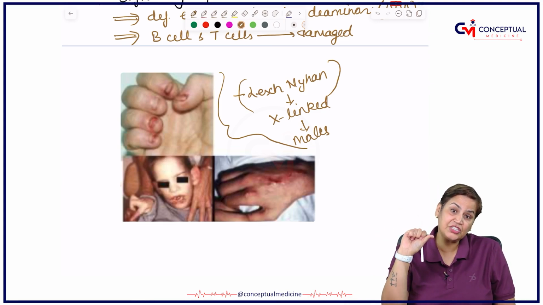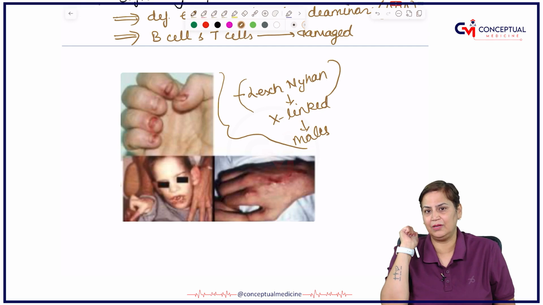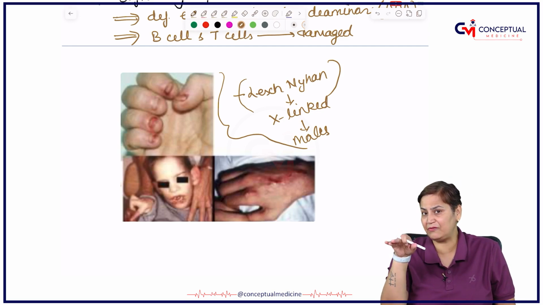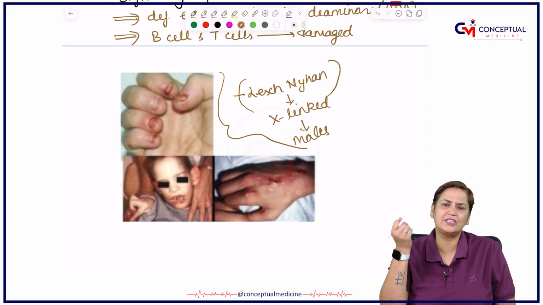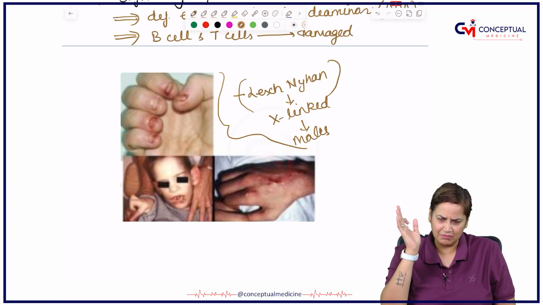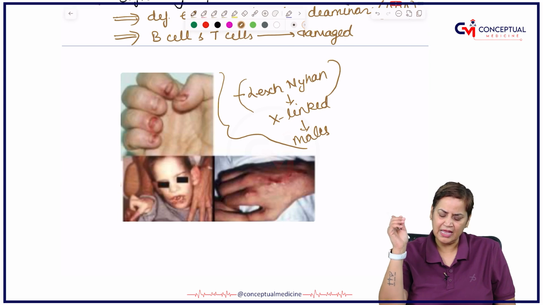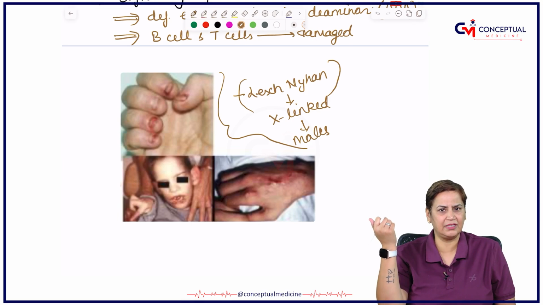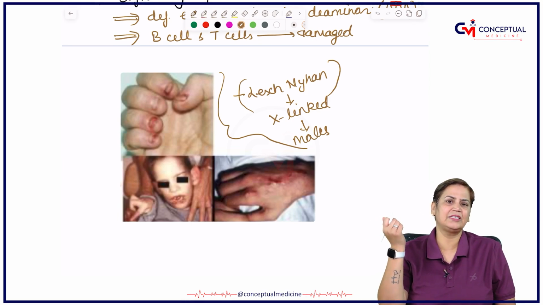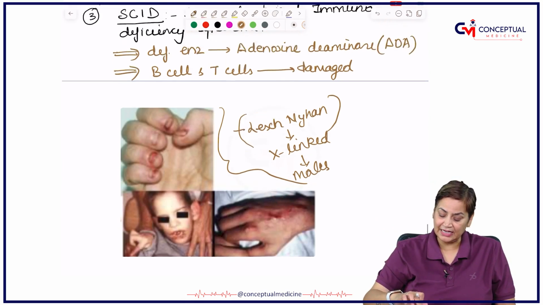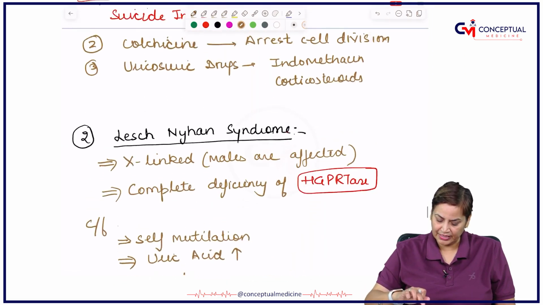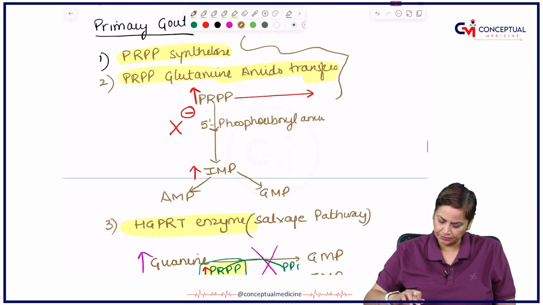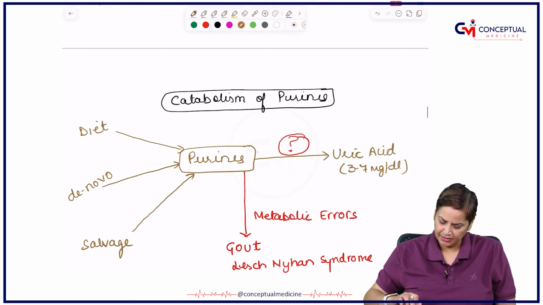And if there is partial deficiency, that is the milder syndrome, the symptoms are not very severe. Neurological manifestations are rarely seen. The third one is SCID, severe combined immunodeficiency syndrome, where there is a deficiency of the enzyme adenosine deaminase, which you can see here. I will take you to the main pathway.